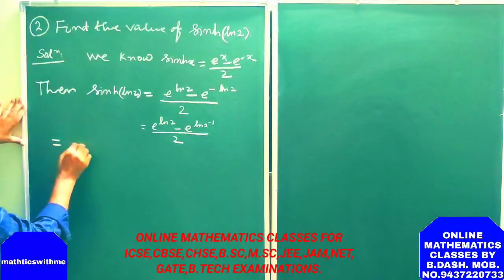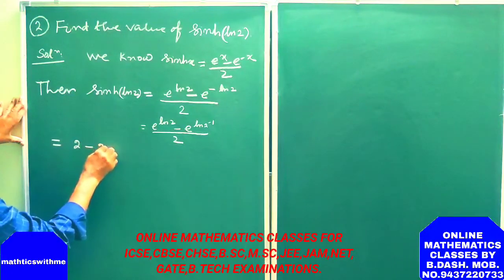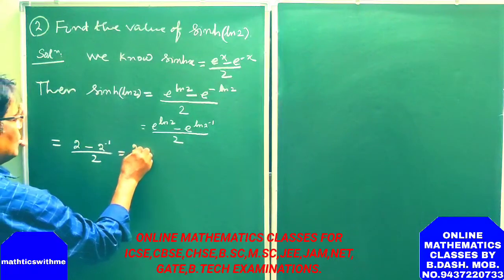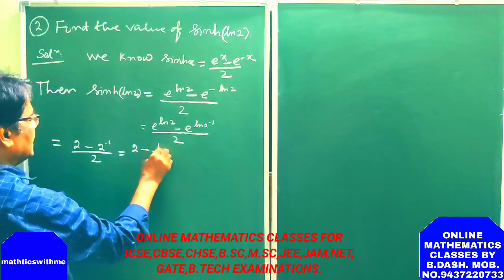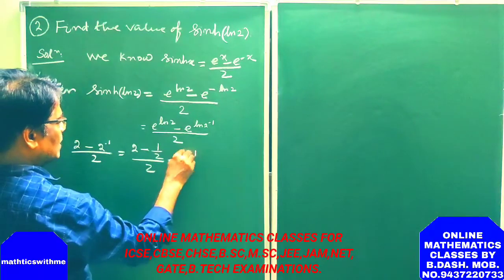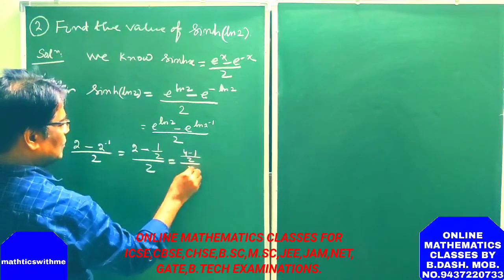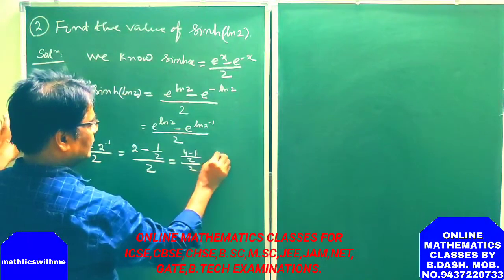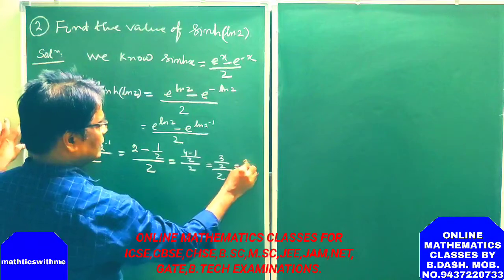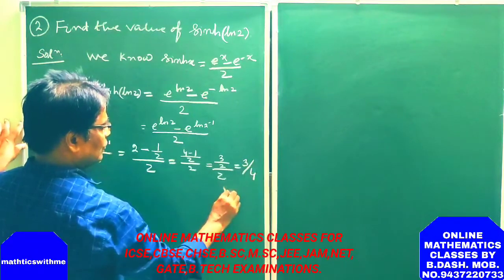So this is equal to (2 minus 2 to the power minus 1) by 2. This is equal to (2 minus 1 by 2) by 2, which is (4 minus 1) by 2, divided by 2. This is 3 by 2 divided by 2, which is equal to 3 by 4.